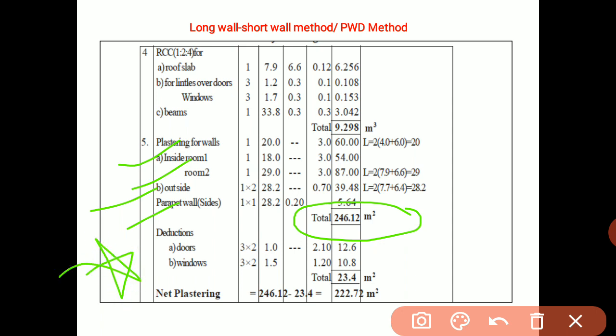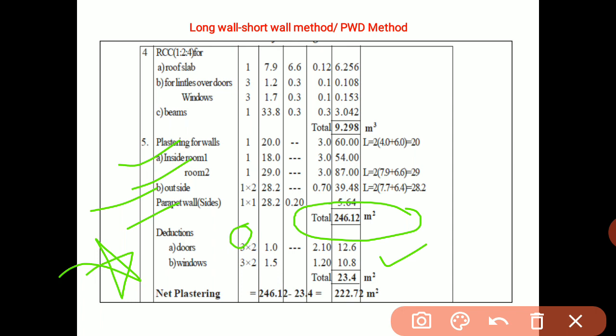So similarly, how did we calculate this perimeter? Likewise, we'll calculate the perimeter over here, and we'll subtract it. Now what we have done is 3 meter into 2 meter into 2, meaning 2 times we are going to multiply, for internal and for external work.